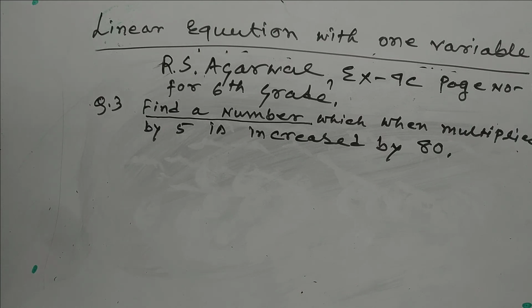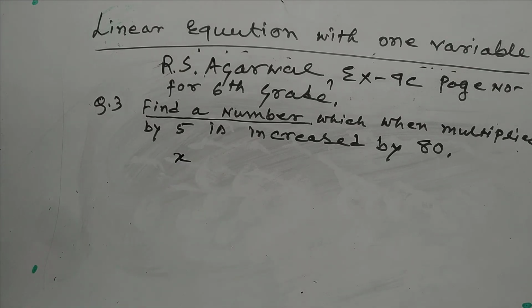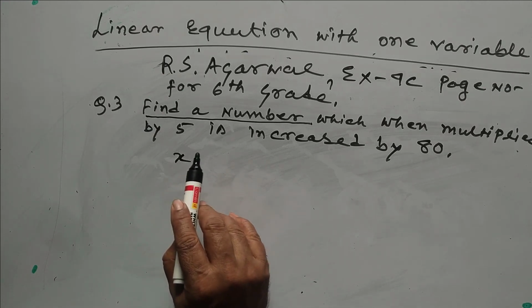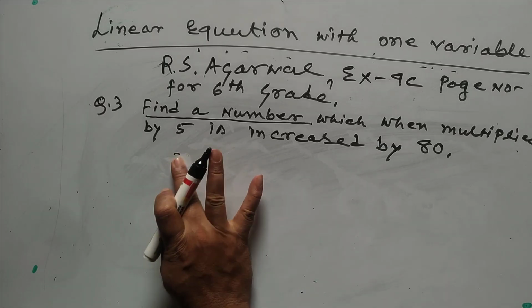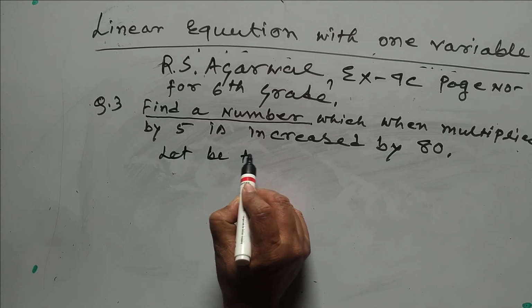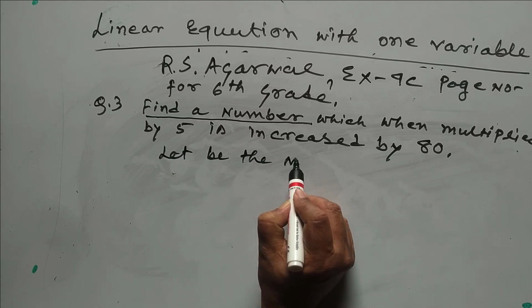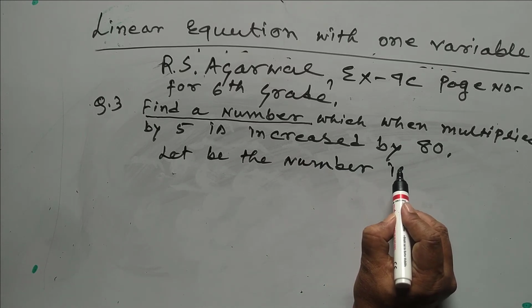Whenever you are asked to find an unknown number, you take a variable like x or whatever, a to z. So let the number be x.